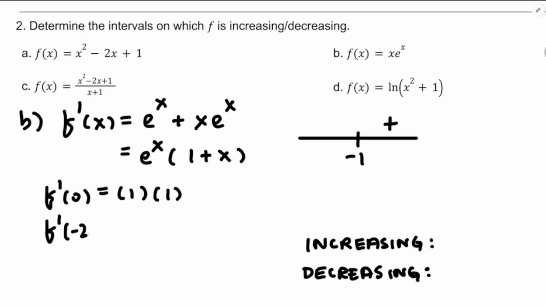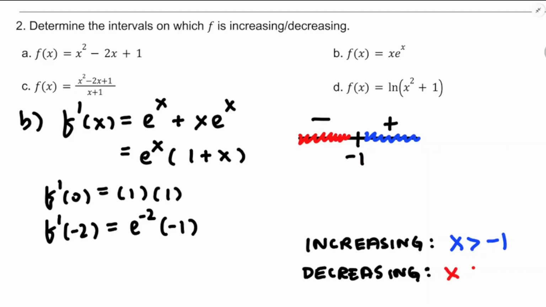F prime of negative 2 would equal e to the negative 2 times negative 2 plus 1. That's going to be negative. There we go. All right, so increasing is where we've got a positive first derivative, x is greater than negative 1. Decreasing where there's a negative first derivative, and that is when x is less than negative 1.